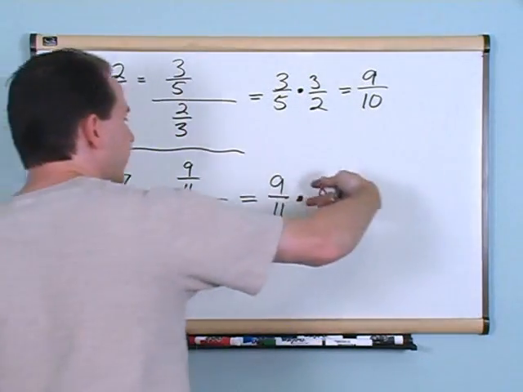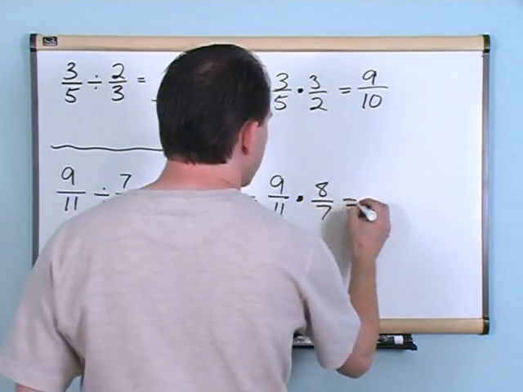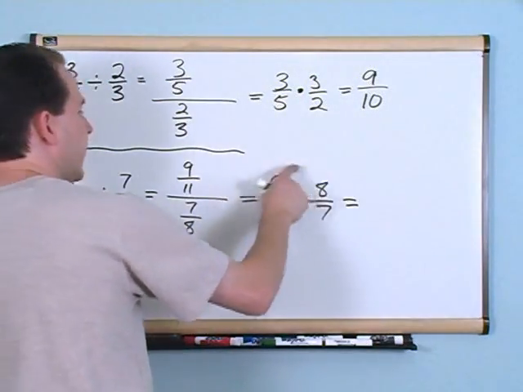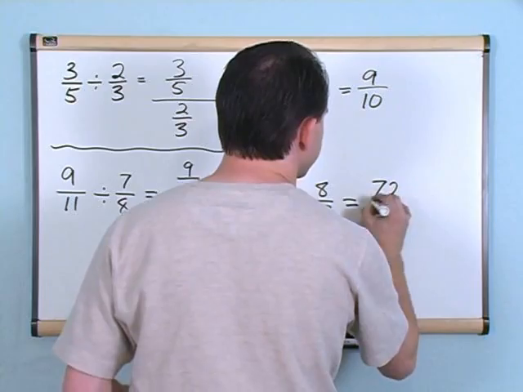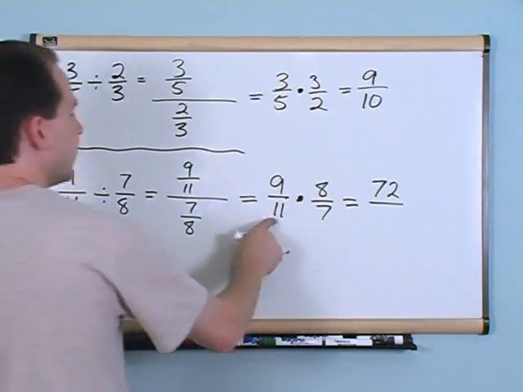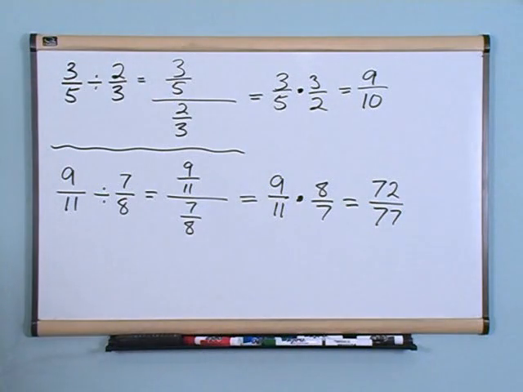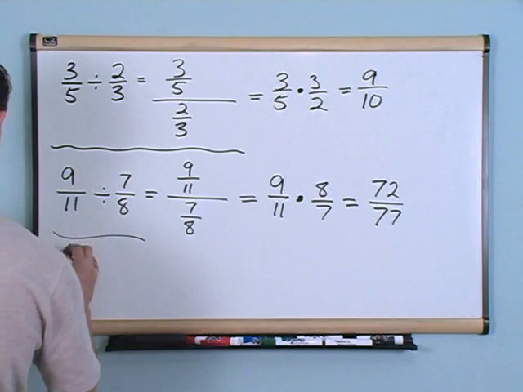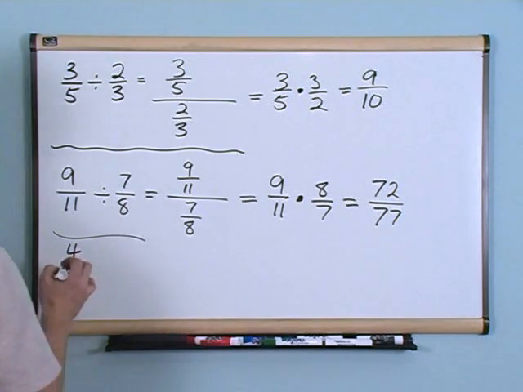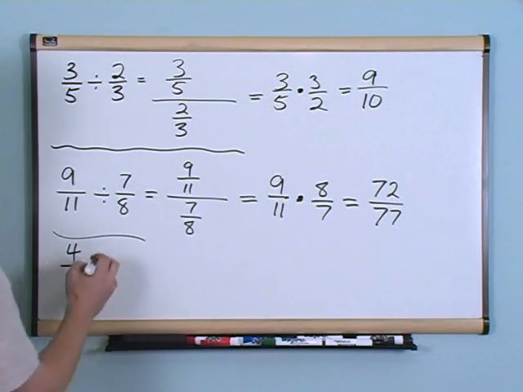I take this over and I flip it over like this. Now, 8 times 9 here is 72, and 11 times 7 is 77. So 72/77. We have one last problem here, which is going to be 4/5 divided by 5/6.